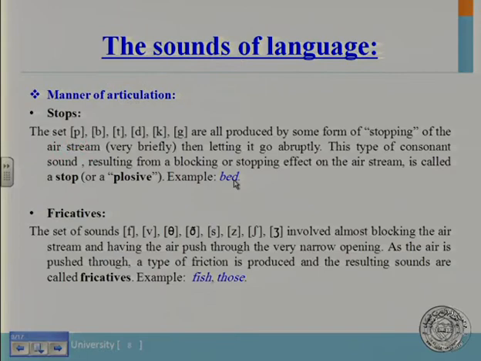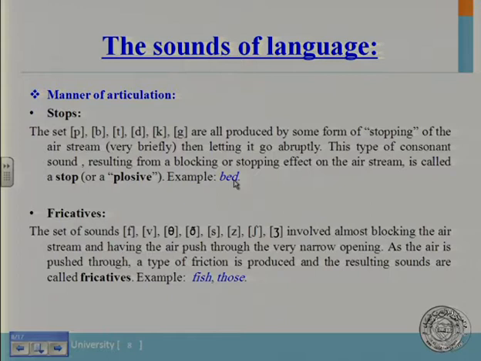But here we have the manner. What exactly happens when we produce the sound P? Now, we have a set here. We have one set, six sounds: P, B, T, D, K, G. Again, slowly.